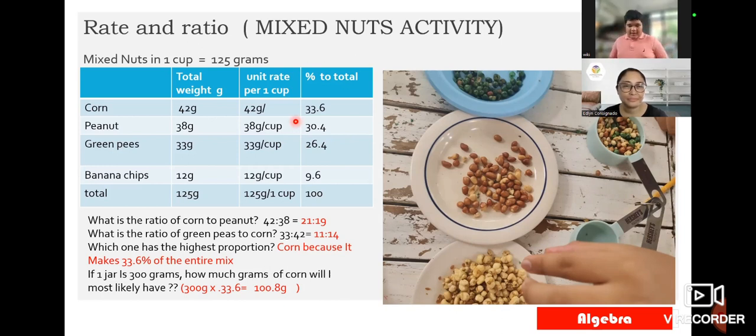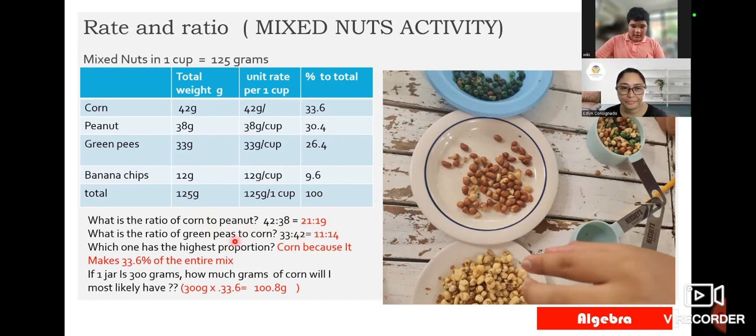My mom even added some questions here that I had to solve, like what is the ratio between corn and peanuts? Then it's 42 and 38. I'm able to decrease that to 21 and 19, 21 to 19.